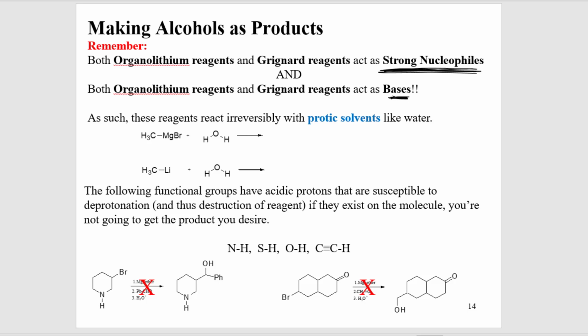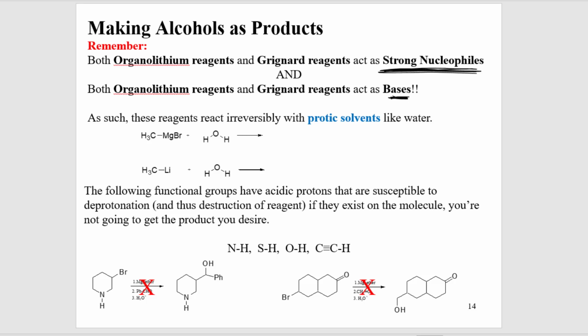So if they're really strong bases, you can't run these reactions in any protic solvents. So you're never going to see a Grignard being run in water, right? As much as we'd love to use water as our universal solvent, since we can get it from the tap and it's green, we just can't use it.